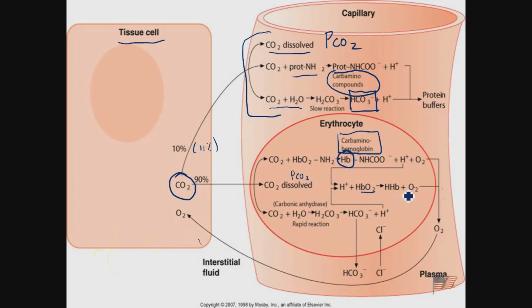That hemoglobin now can attach to carbon dioxide. And then finally, the big one is the creation here, CO2 and water forming carbonic acid. Because carbonic anhydrase is present, a lot of it is converted, and bicarbonate is present.